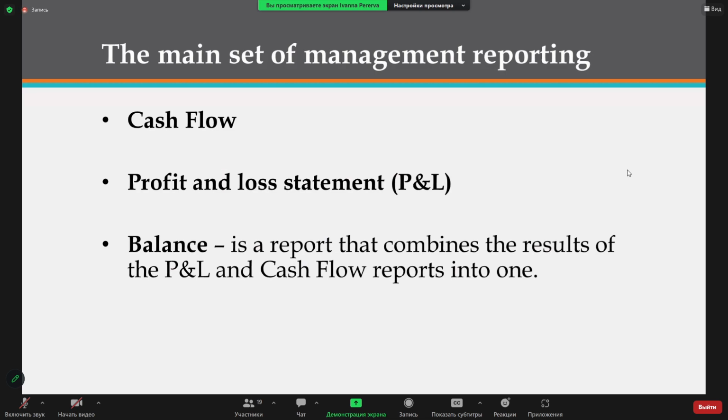Those reports include all business processes of the company, and it doesn't matter, internal processes or external processes. They provide information as a whole if we are talking about effect, or they could provide a guide for our future if we are talking about some planned indicators.